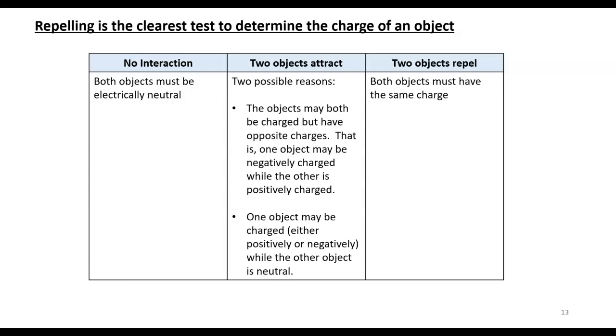So if you are trying to determine the type of charge on an object, the clearest test is to find out whether it is repelled by an object that you know has either a positive or a negative charge, because the only reason that an object is repelled is because it has the same type of charge as the object that's being brought close to it.